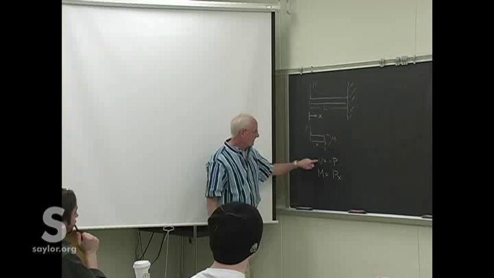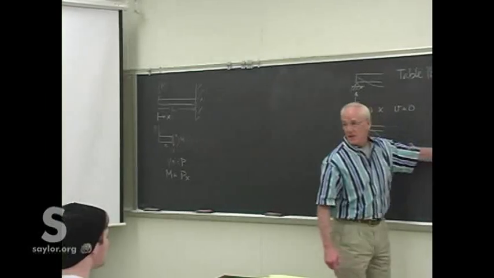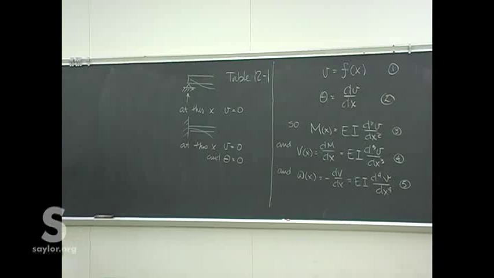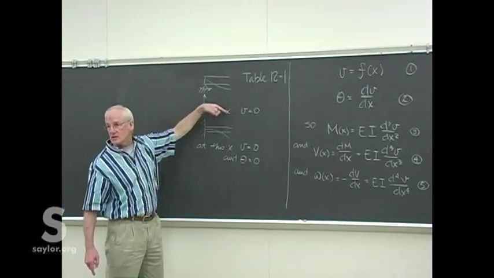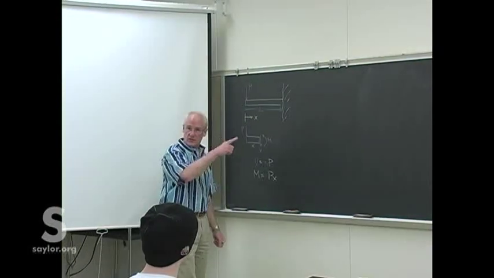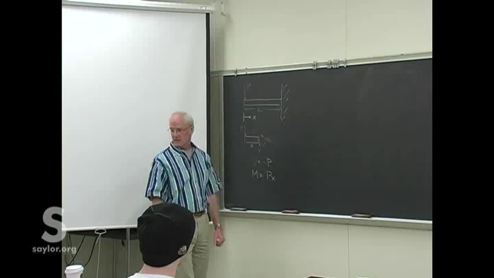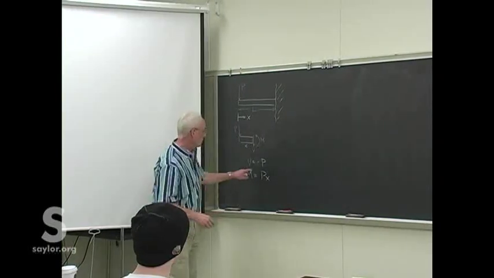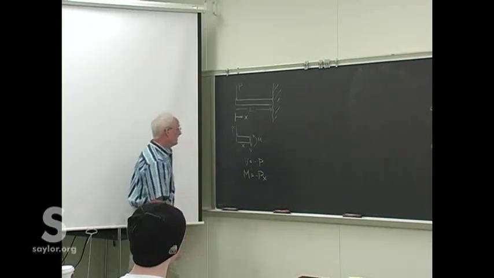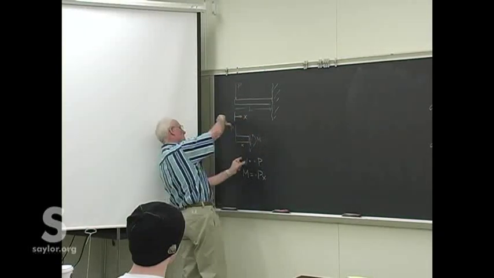That way we get V equals with the negative sign, the proper negative sign, because we're going to need that. We're going to need to carry that minus sign all the way through, because it's going to give us the proper direction of the deflection at the end. We're going to have some loadings where the deflection will be down and some where it will be up, depending on how the beam is bending at certain places. So there's a minus sign on there too, because the shear is actually up, turning the beam that way.